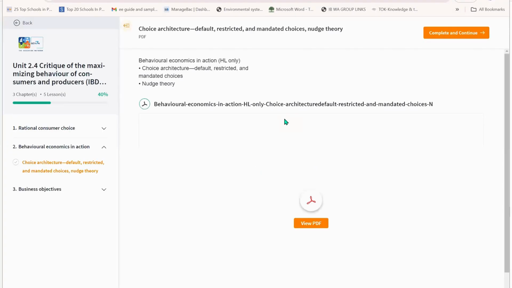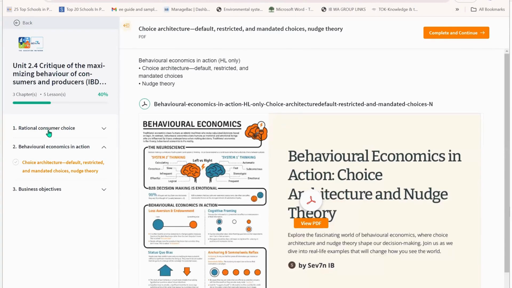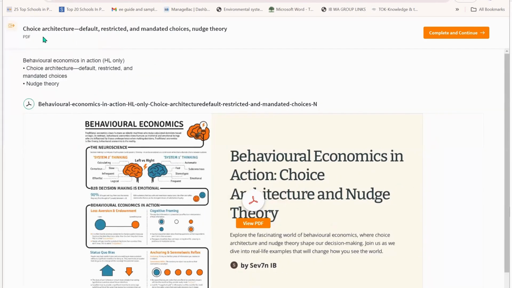I want you to understand what is rational behavior. So, what do you think rational behavior is?